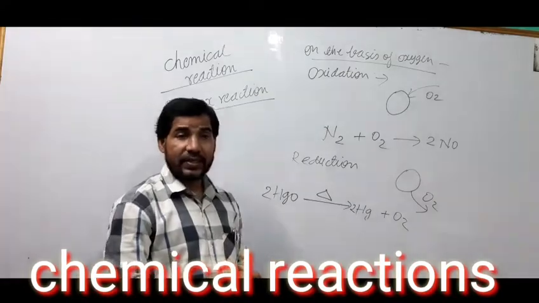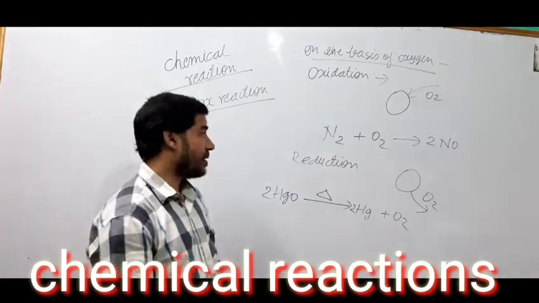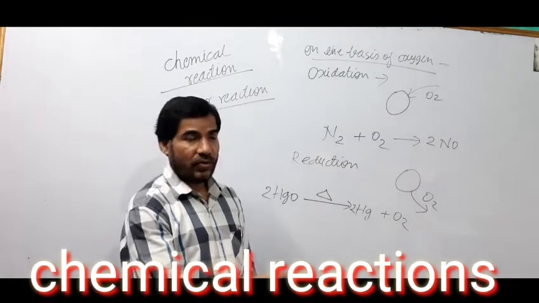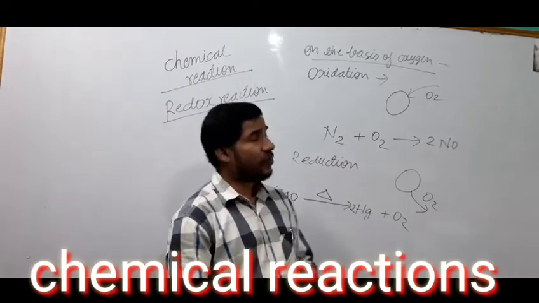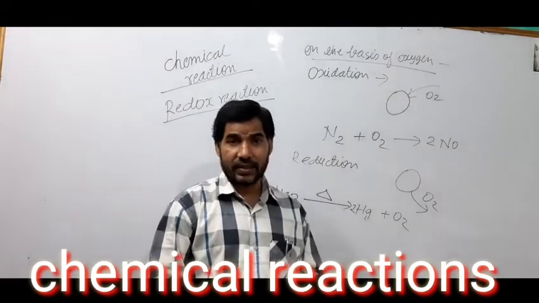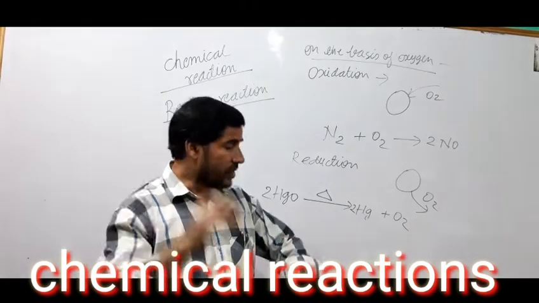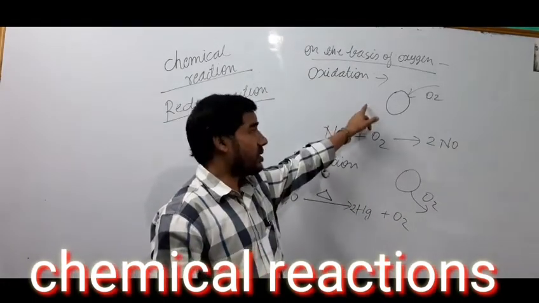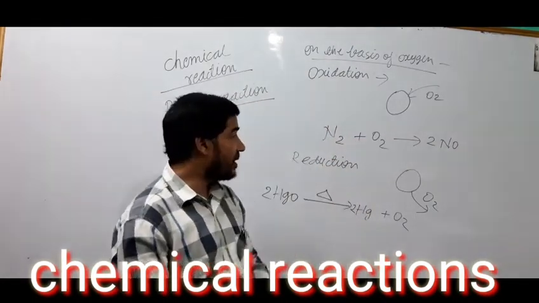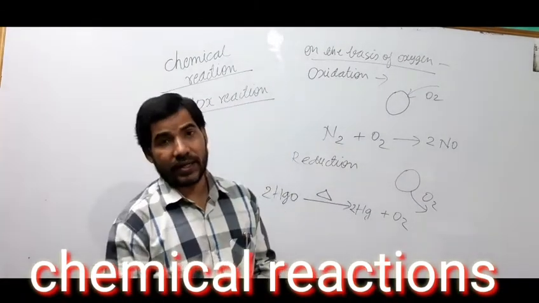Since in this reaction removal of oxygen takes place, it will be the example of reduction. So we have seen on the basis of oxygen the definition of oxidation and reduction. Those chemical reactions in which addition of oxygen takes place are called oxidation reaction, and those in which removal of oxygen takes place are called reduction.